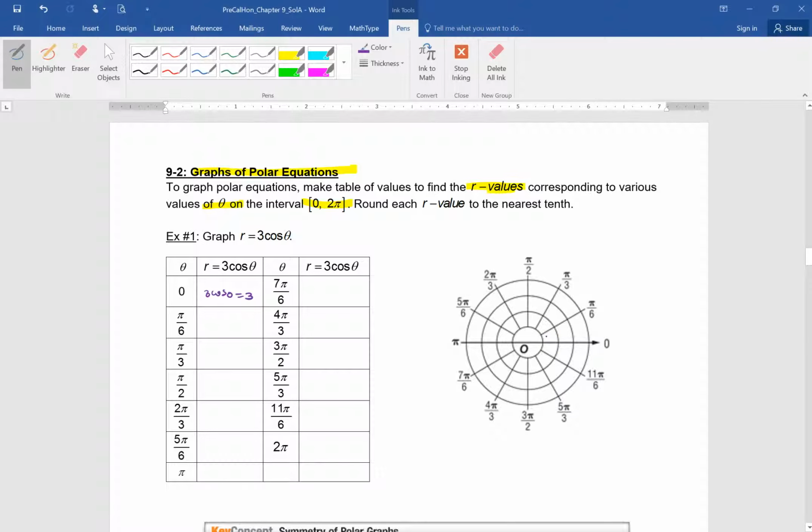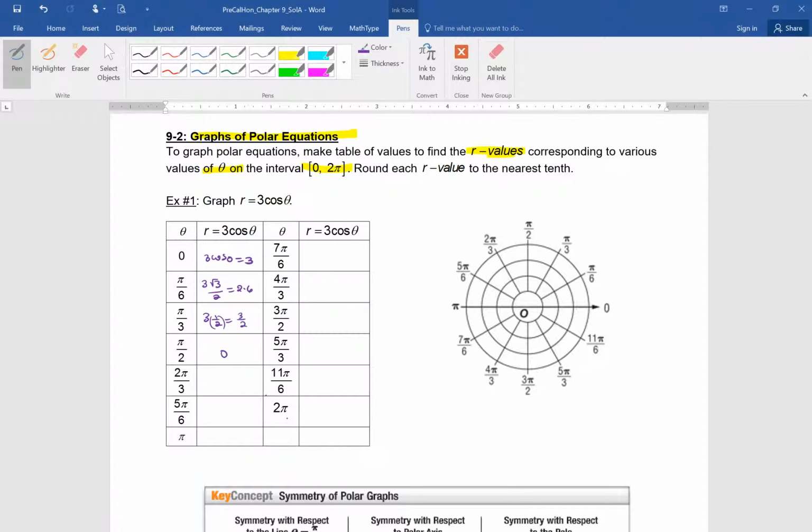I want decimal values to know what my radius is going to be. So what is 3 times root 3 over 2? It's about 2.6. Okay, so here's just the first quadrant.